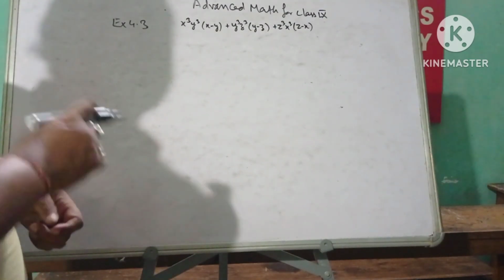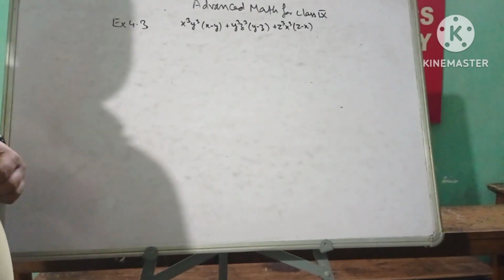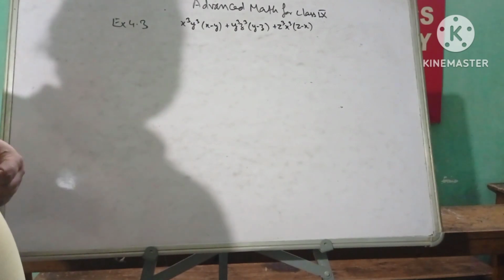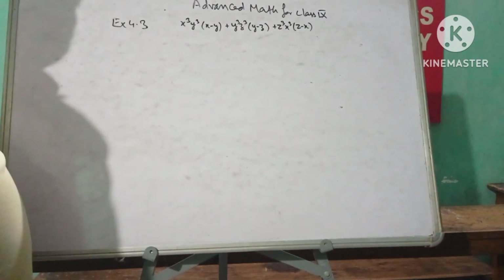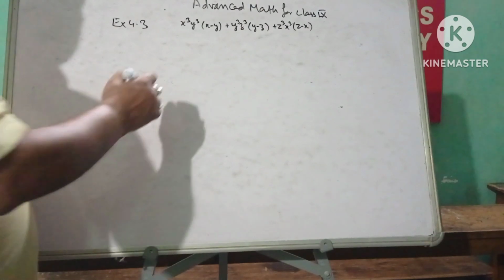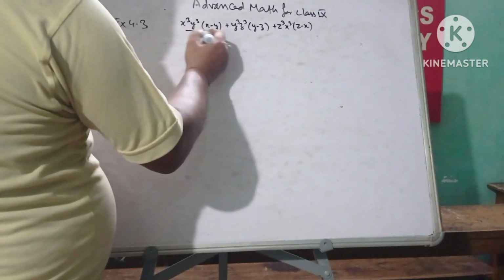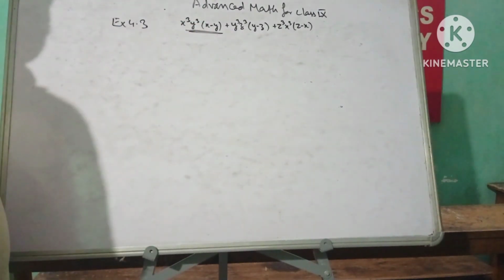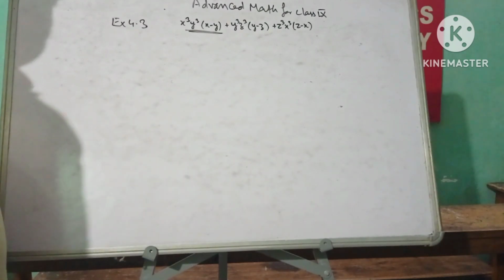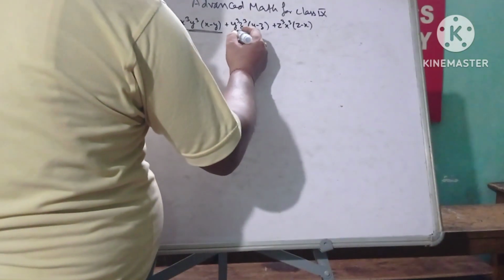I am going to tell you the way, the techniques, how you are going to factorize it. So here you will see that I am going to keep this term. I am not going to disturb this term. I am going to only disturb these two terms.